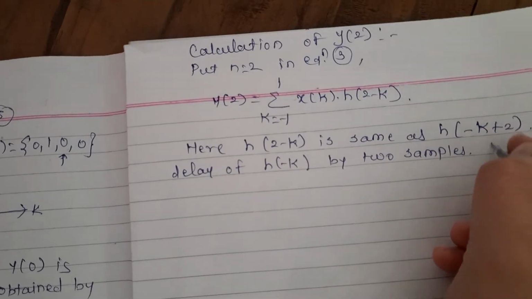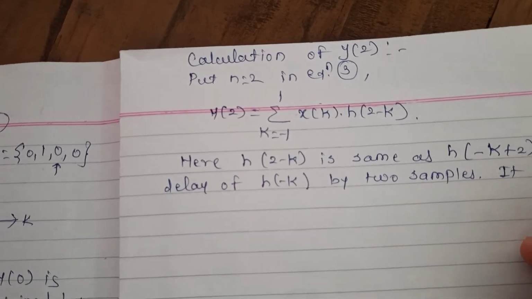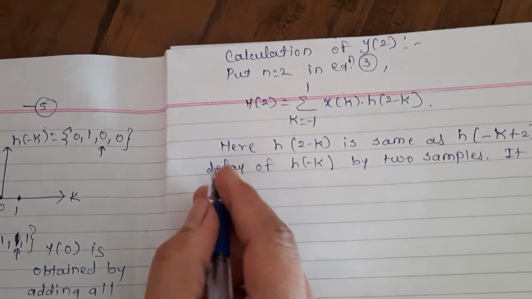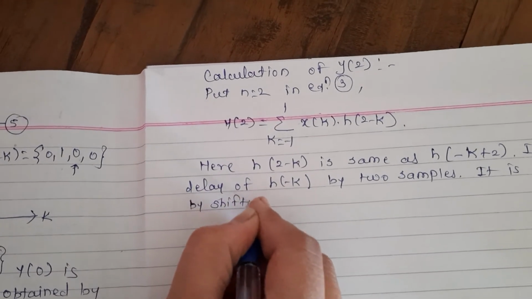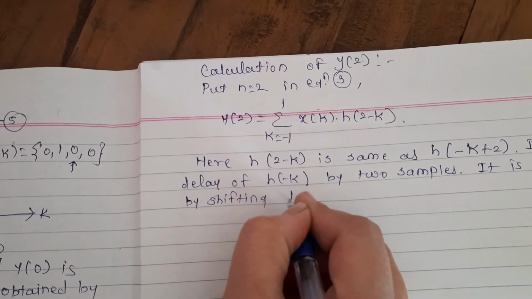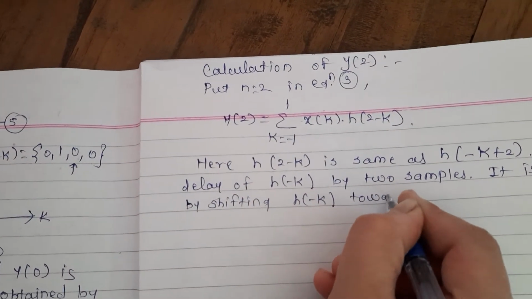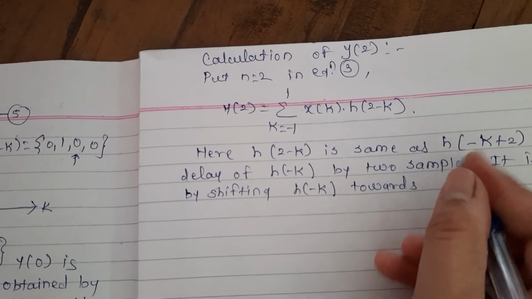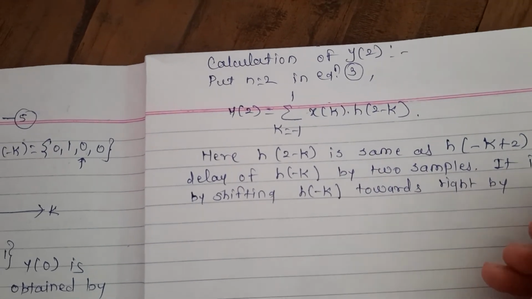So it is obtained by shifting h of minus k towards right by 2 samples.